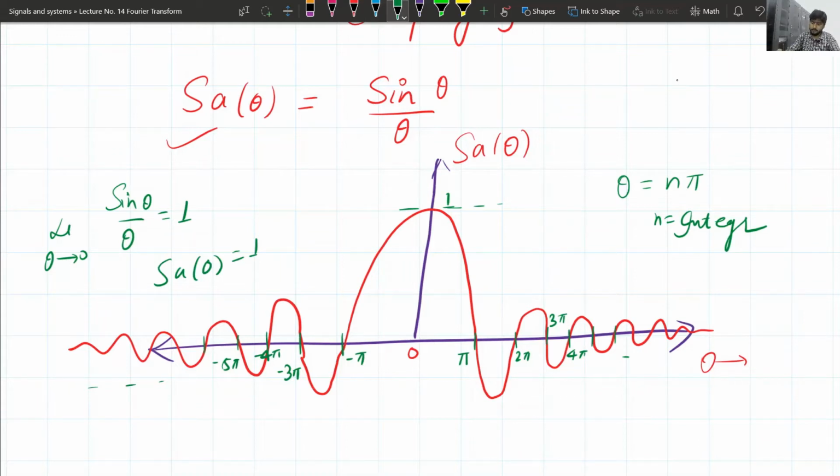And we draw the envelope of this function. This is the envelope of this function.